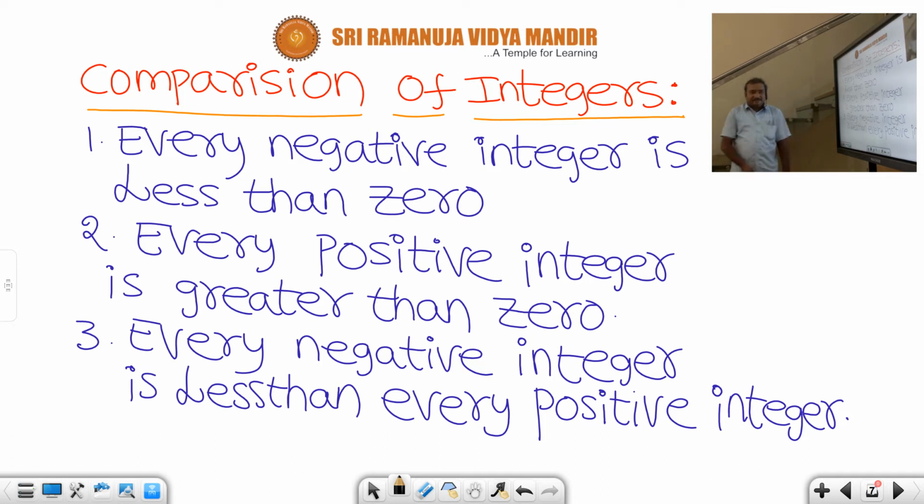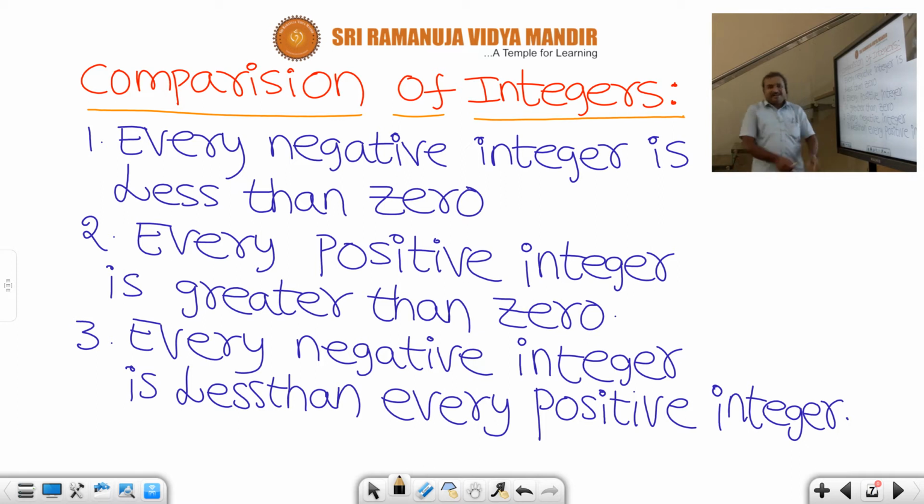In such a manner, if you take integers, you have -1, -2, -3, -4 and so on, and positive integers 1, 2, 3, 4 and so on, and 0 is included. So you have to compare those integers. How do we compare them? Every negative integer is less than 0.